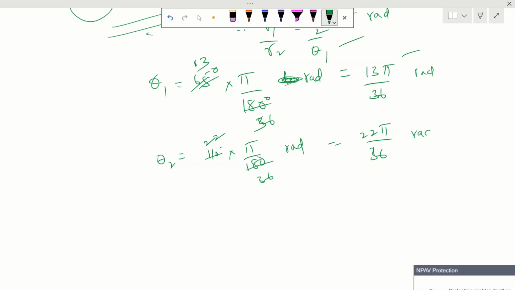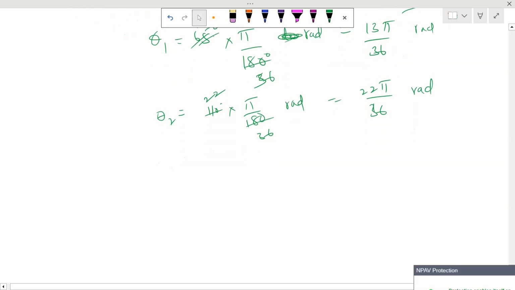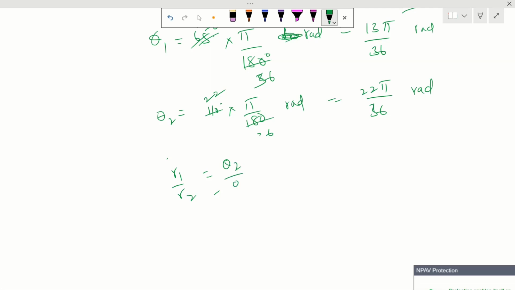It is in radian. Now take this ratio r1 divided by r2. That is theta 2 divided by theta 1. Theta 2 is 22 pi divided by 36. Theta 1 is 13 pi divided by 36.